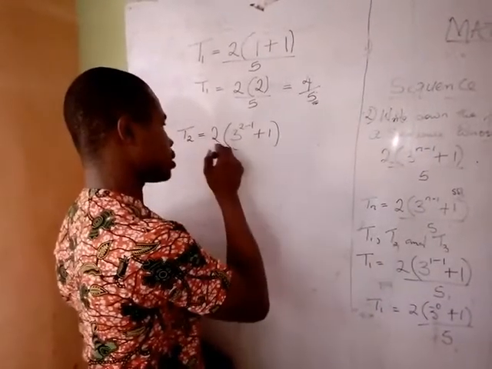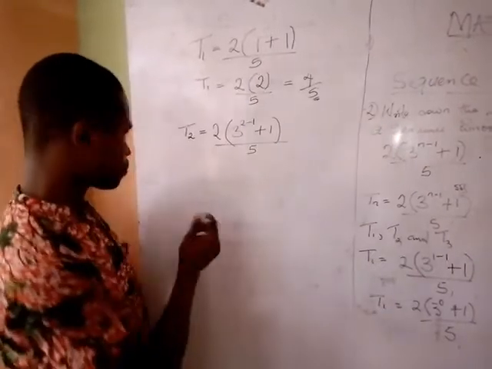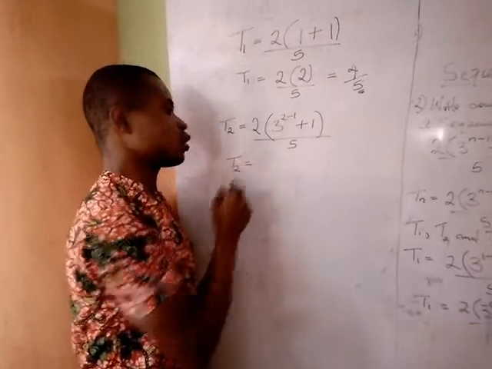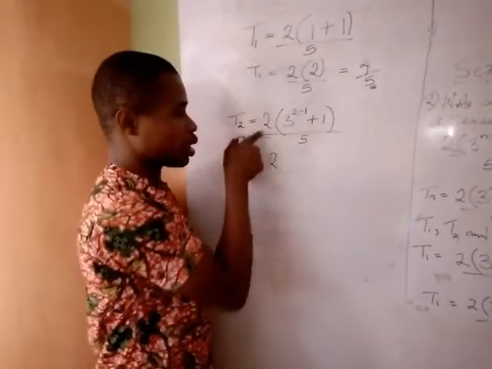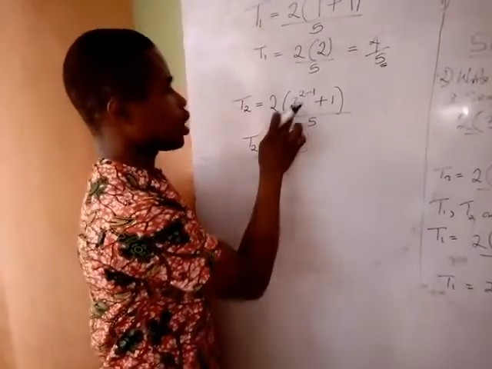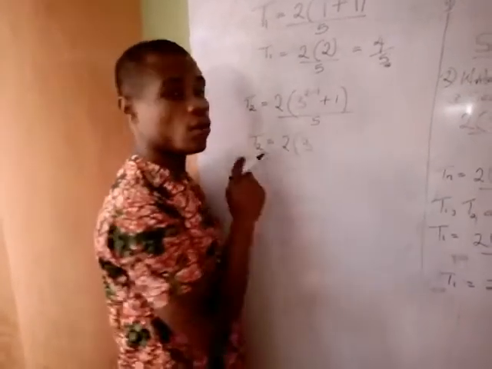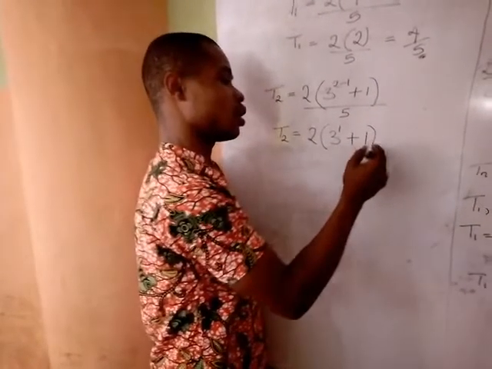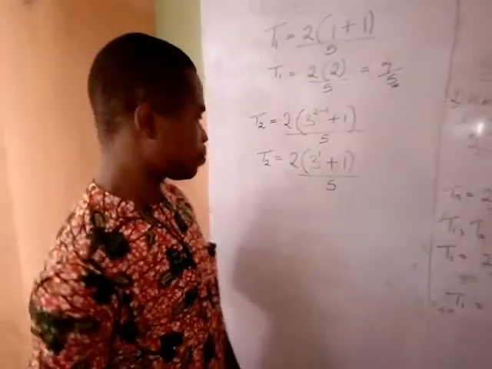You close your bracket, all over 5. It's all divided by 5. Then you still bring down your T2. Your T2 is equal to, bring down 2, which is outside the bracket. Open your bracket. You have 3 raised to power. You simplify that of the power. 2 minus 1 will give us 1 plus 1. Close the bracket, all over 5.